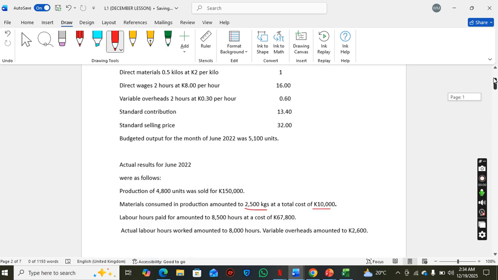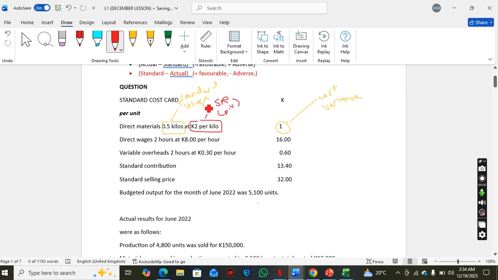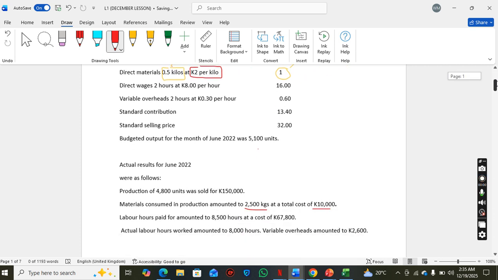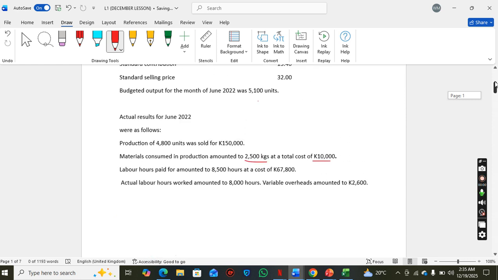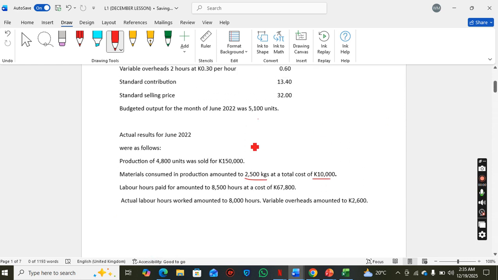If you remember in our cost card, our standard usage is 0.5 kilos, and we produced 4,800 units.